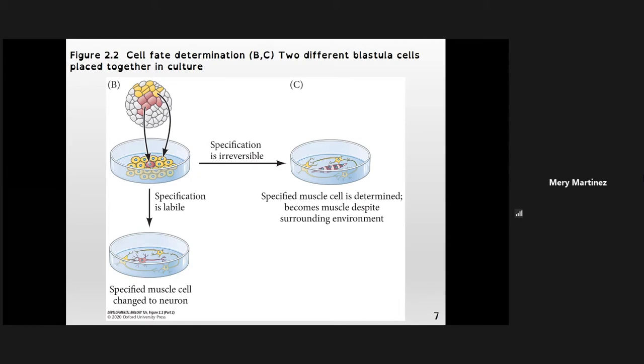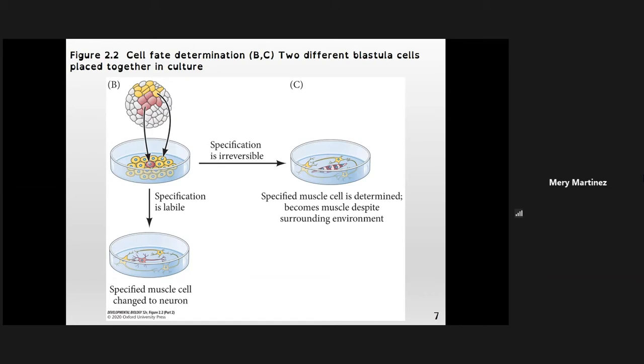So in this scenario, the red cell, even though it was specified, right, but not determined, just be careful with the two terms, specified and determined, to form a muscle, as in the previous image.